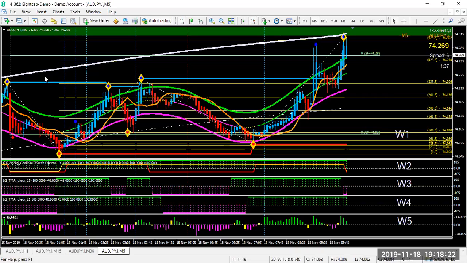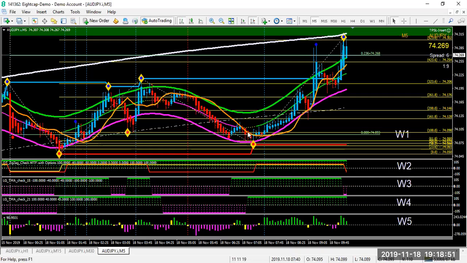And notice the price, all the moves the 5 minutes has done, has virtually been in the sell zone of the 1 hour, the 1 hour river center line. Here you can see in more detail how it's worked within the sell zone of the 1 hour to move price higher for the 1 hour.